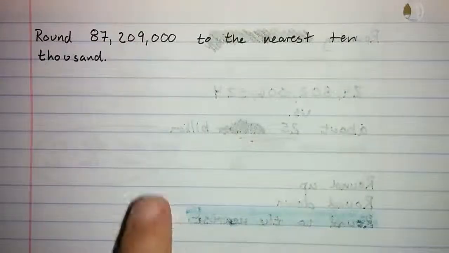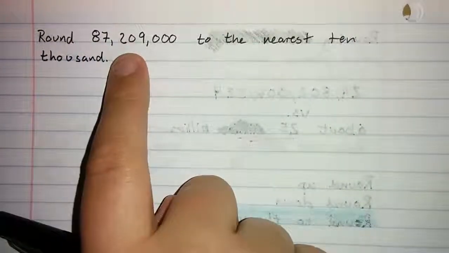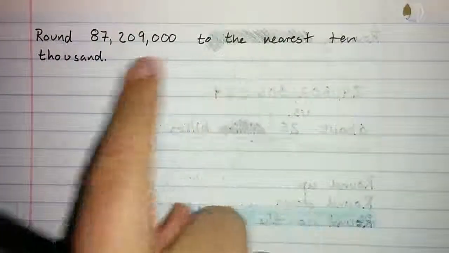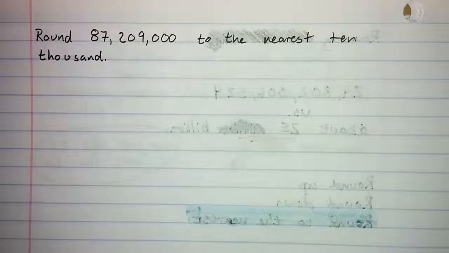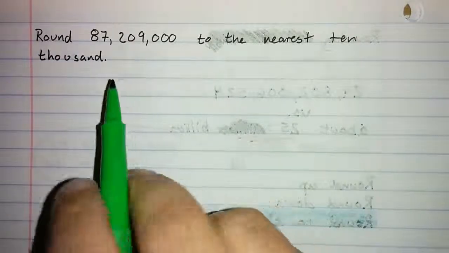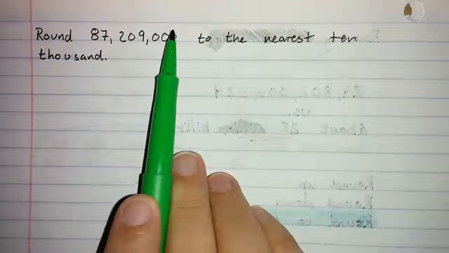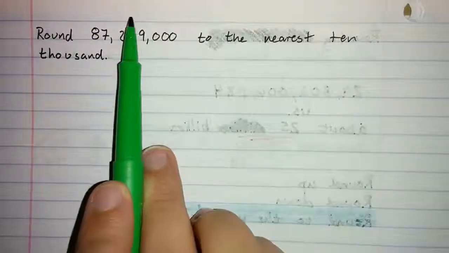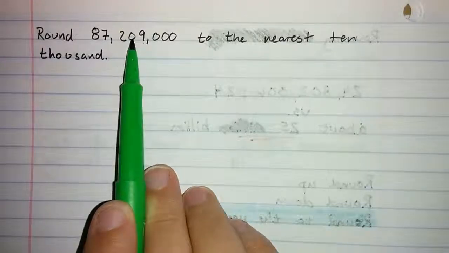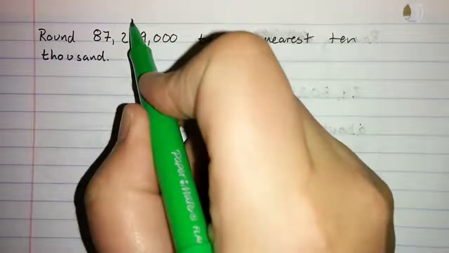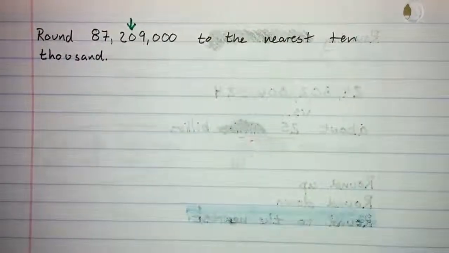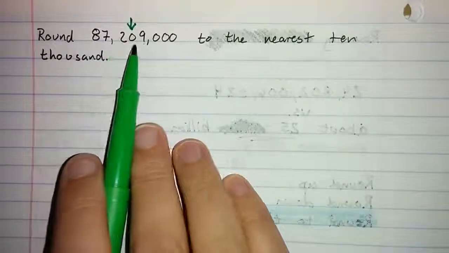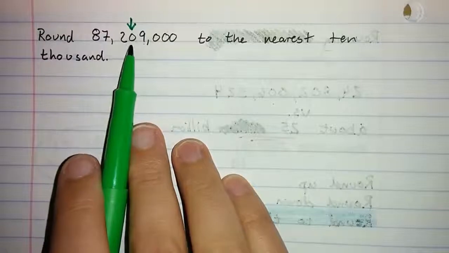So, okay, let's do a couple of examples of this process. Let's suppose we have the number 87,209,000 and we want to round it to the nearest 10,000. Well, again, we'll first locate the 10,000s place: units group, thousands group, inside the thousands group, ones, tens. That's tricky. There's a 0 there, but that's okay. We want to think, what 10,000s is this between?